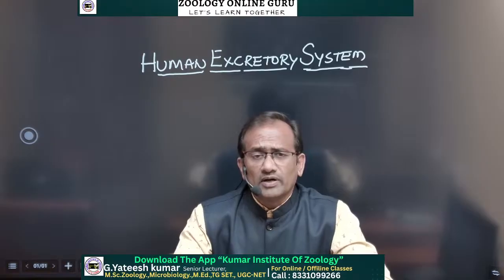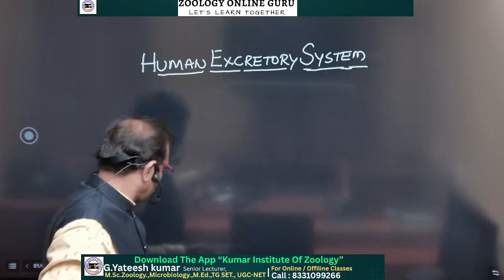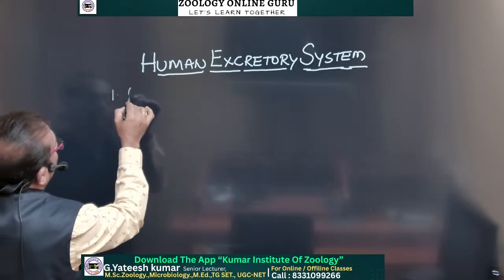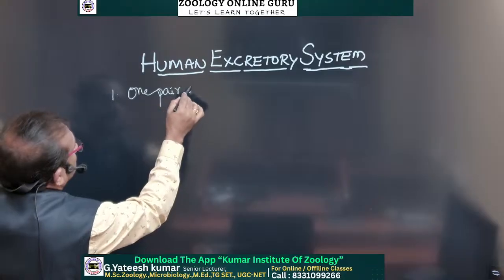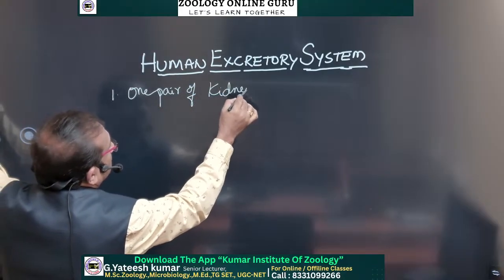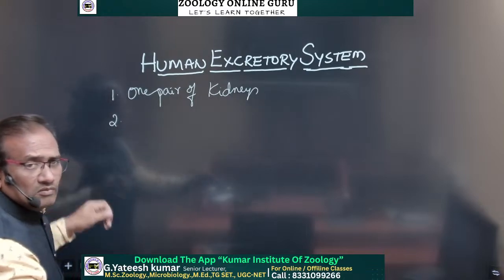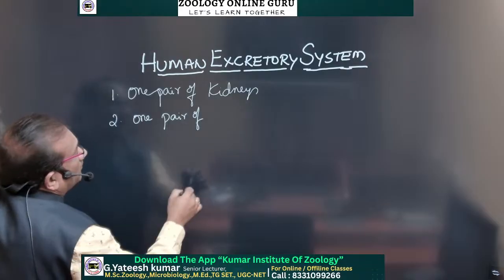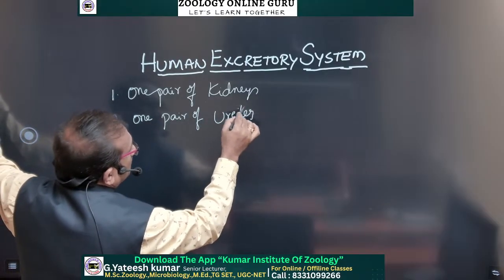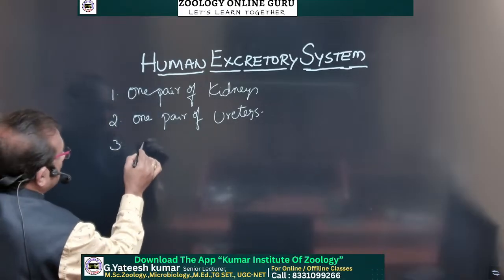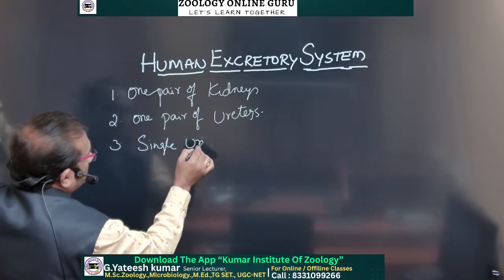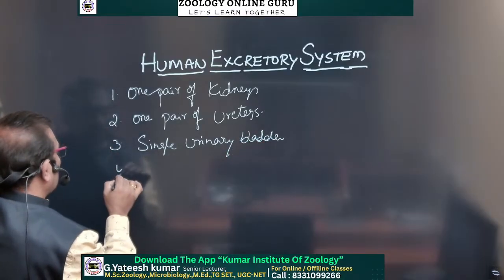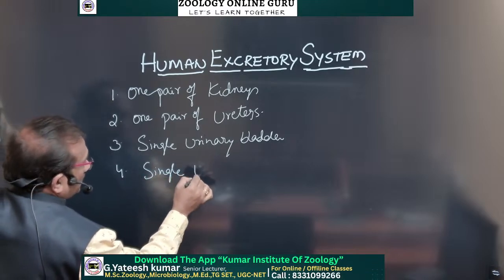In our body, the human excretory system contains the following parts: one pair of kidneys, one pair of ureters, a single urinary bladder, and also a single urethra.